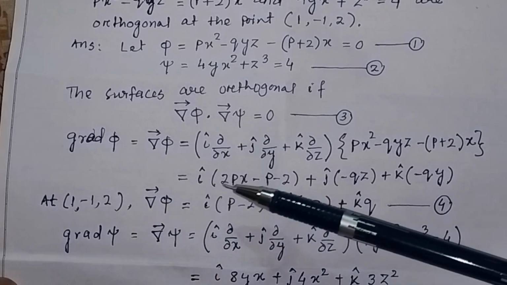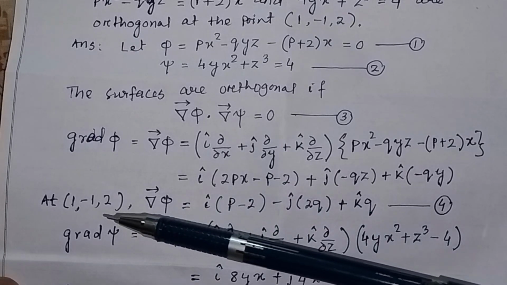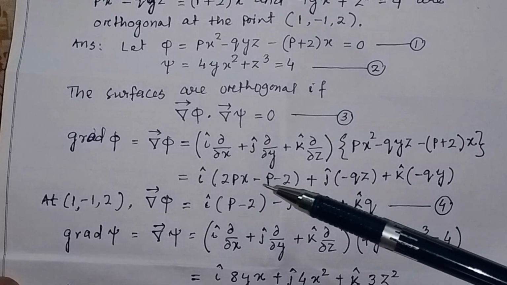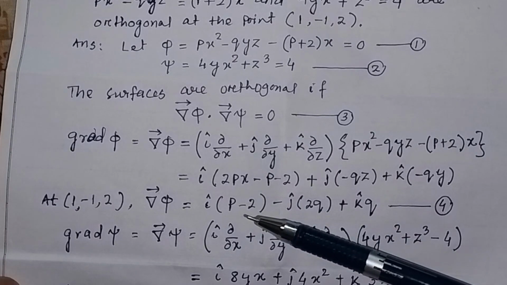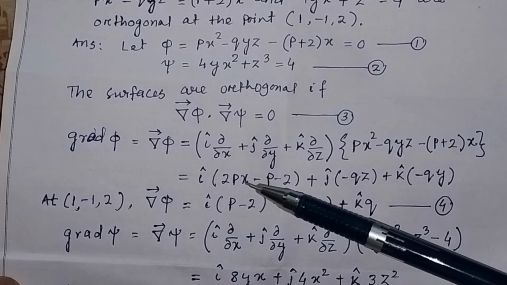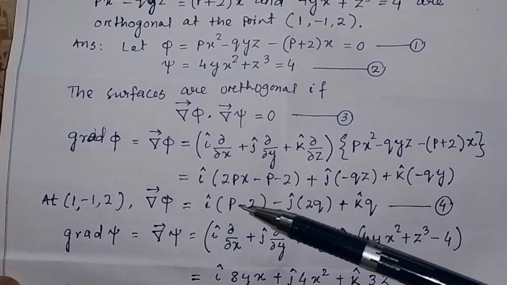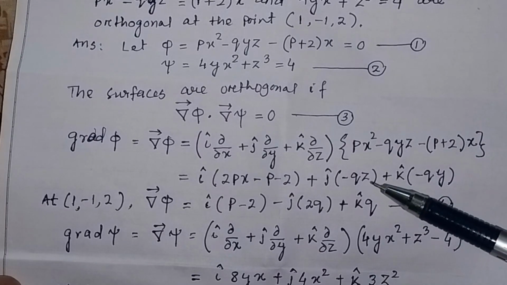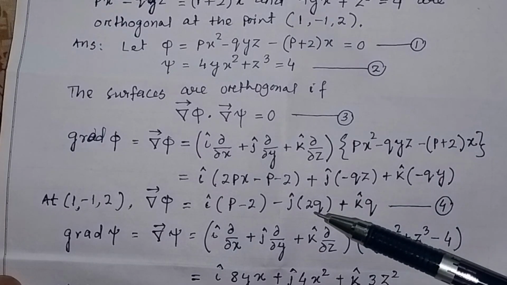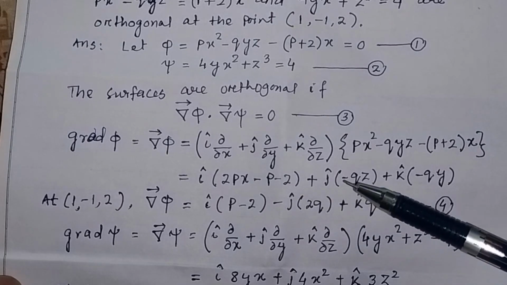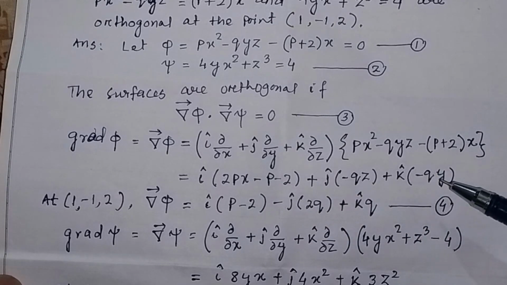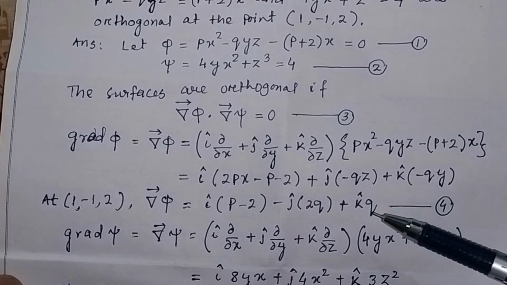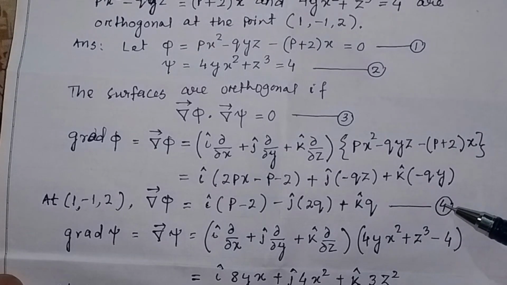That means you put x = 1, y = −1 and z = 2. Putting x = 1, the i component is 2p − p − 2, which is p − 2. Putting z = 2, the j component is −2q. Putting y = −1, the k component is −(−1)q, which is plus q. Suppose this is equation number 4.